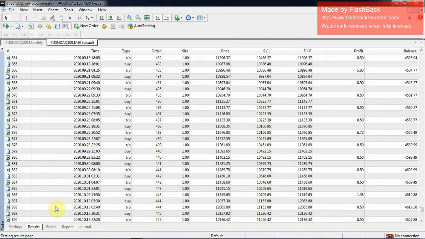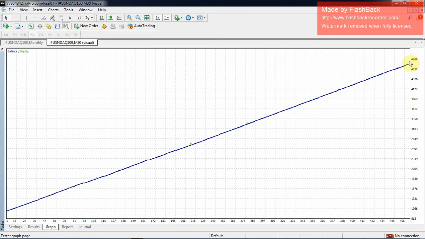October 2020. Almost 5k. We are heading towards 5k there on the balance.